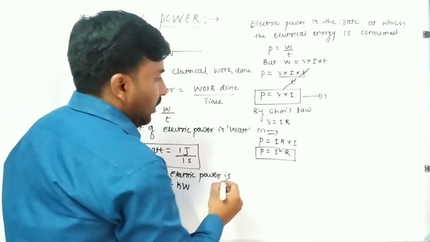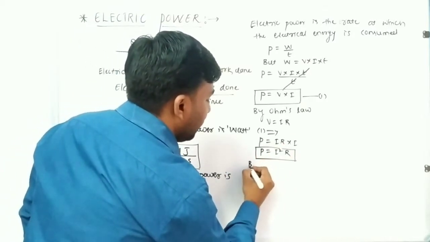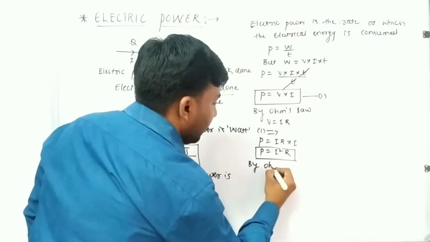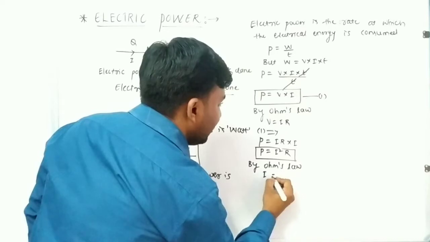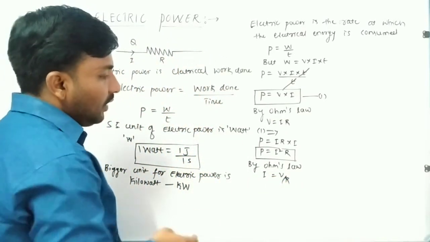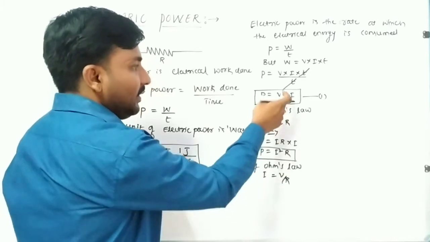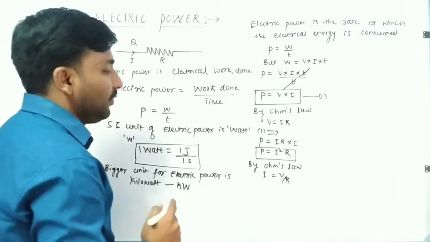Similarly, we know the current by Ohm's law. By Ohm's law, I can write I is equal to V divided by R. Now put this value of I in expression number 1.